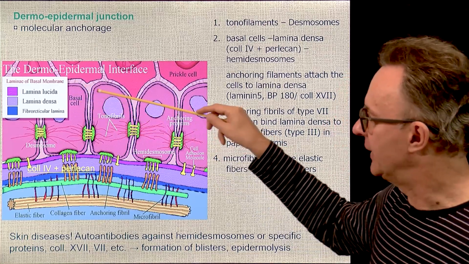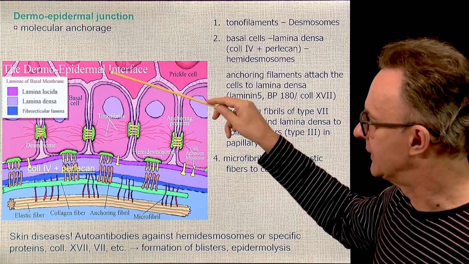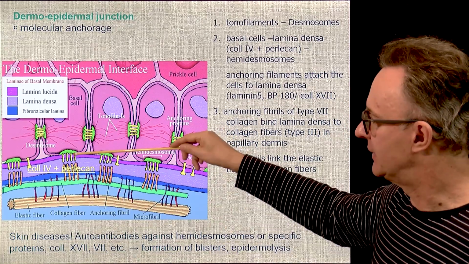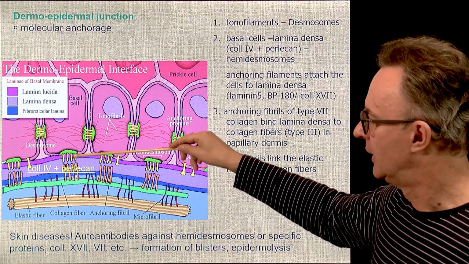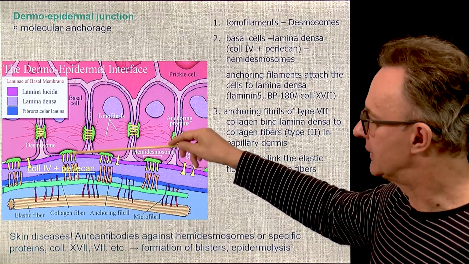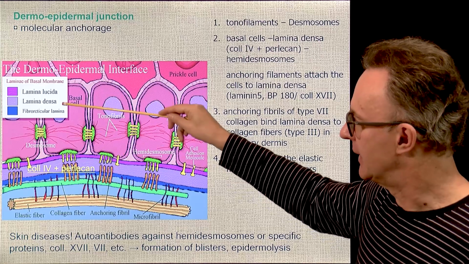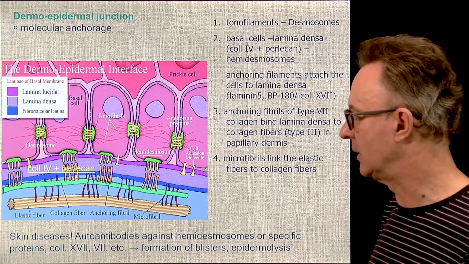The anchorage includes several couplings. The first is the so-called hemidesmosome, which couples the basal layer cells to the lamina densa, the second layer of the basal lamina.